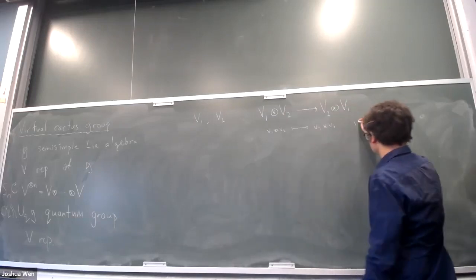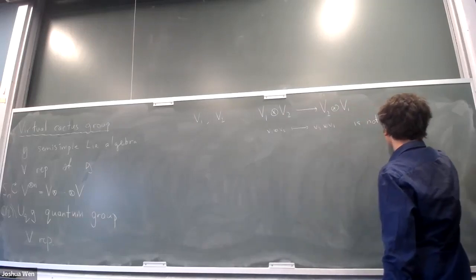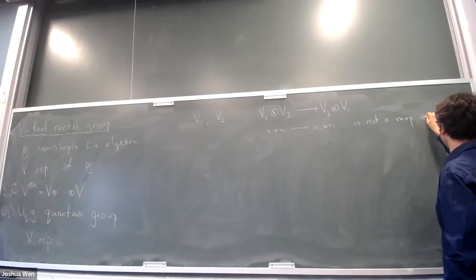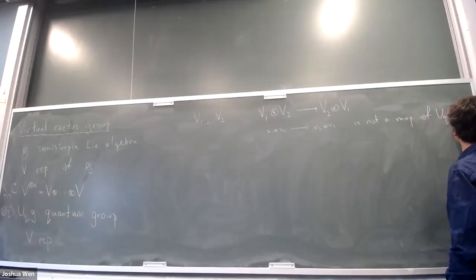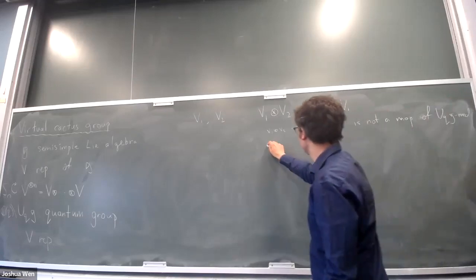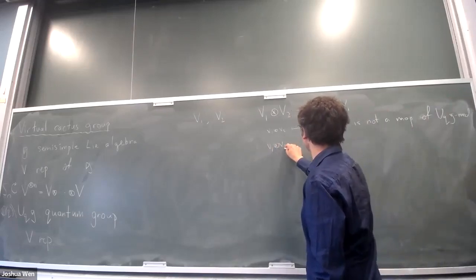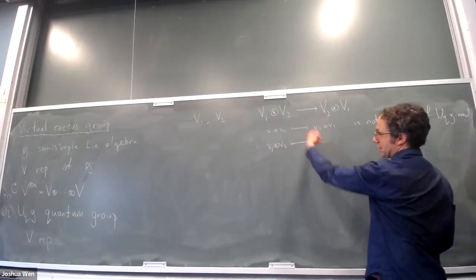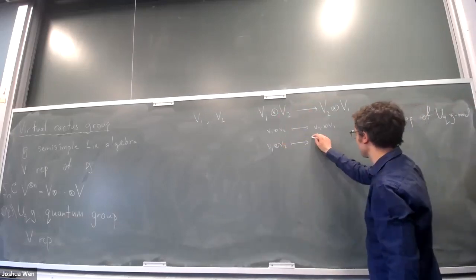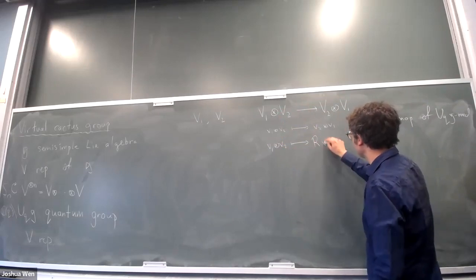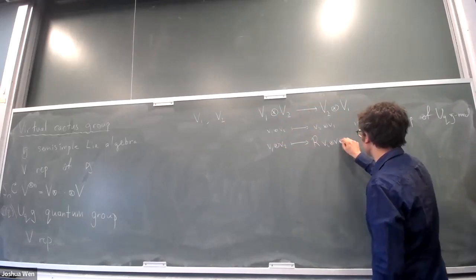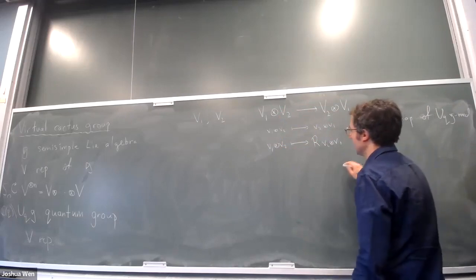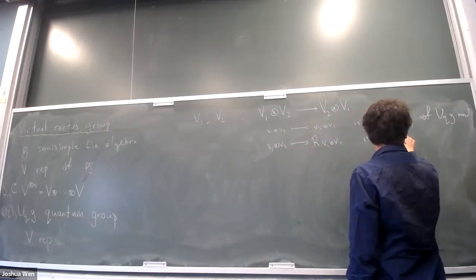This is not a map of modules. But there is an interesting map, which I'm not going to go into great detail about, but it comes from applying a certain element in the quantum group called the universal R matrix. It's an element in the quantum group tensor the quantum group, or maybe a completion of that. And this is a map.